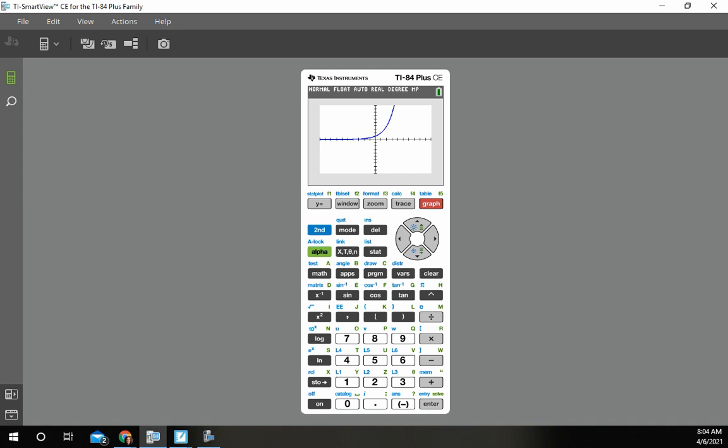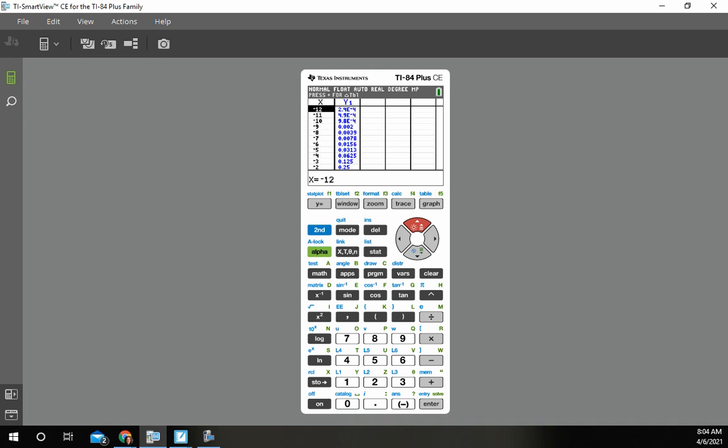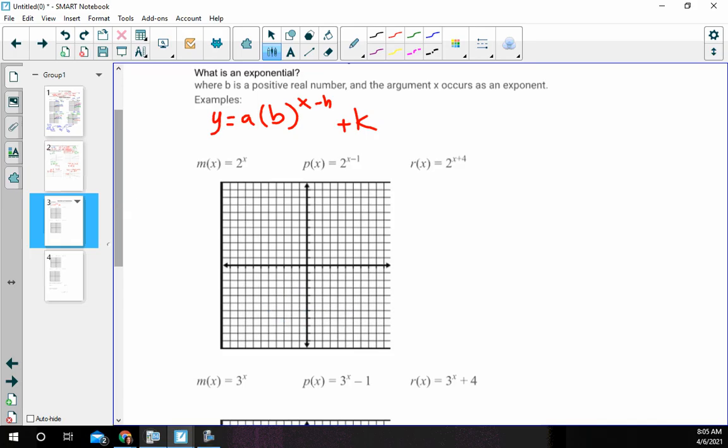So notice it does not cross this line. There is an asymptote right here. Okay. So let's look at our table. We're going to get closer and closer to 0. It means we're getting closer to 0, but we do not cross 0. So let's get our first pretty one in here. 1.